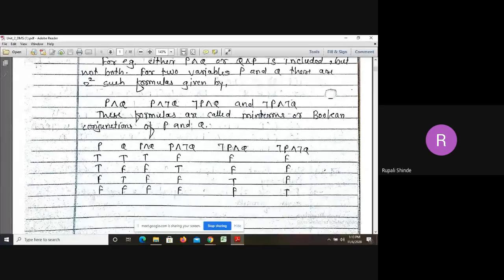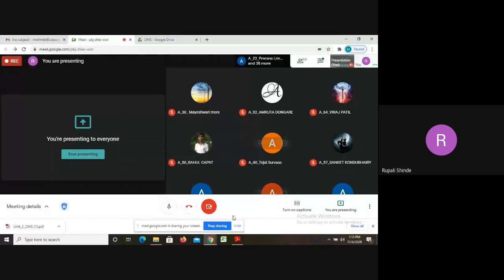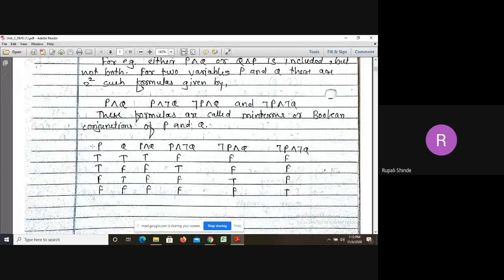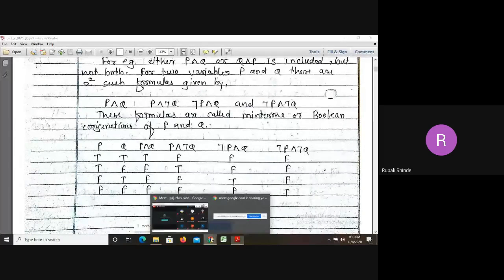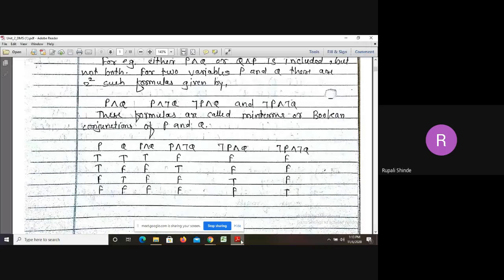So its truth table becomes F, T, F, F. Then negation P and Q. Here we have to take negation of P. So TTFF becomes FFTT, because we have taken negation of P. Again we have to see where we have TT. For that combination, the final value becomes T and the rest of the values are F only.